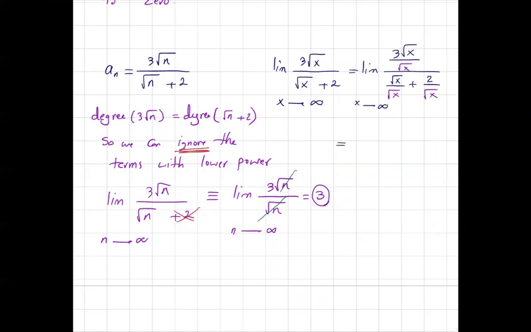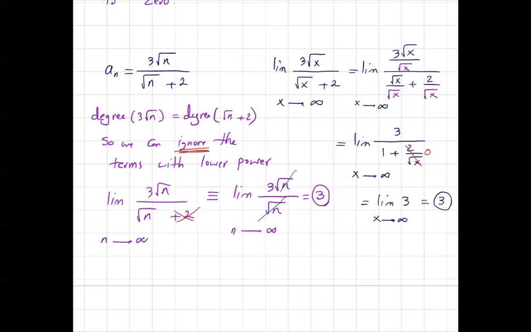This in turn can be written as the limit of 3 divided by 1 plus 2 over square root of x as x goes to infinity, but 2 divided by infinity is 0, so this is equal to the limit of 3. The limit of a constant function is equal to the fixed value that you have, no matter where your x is going.